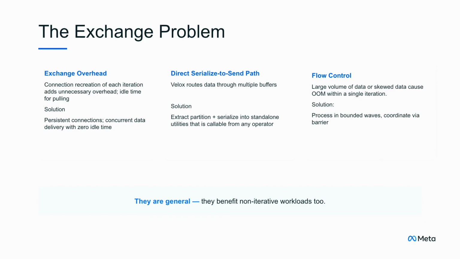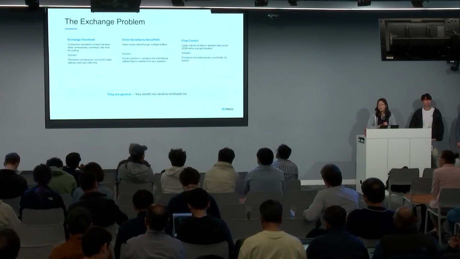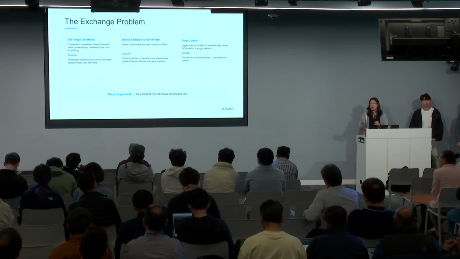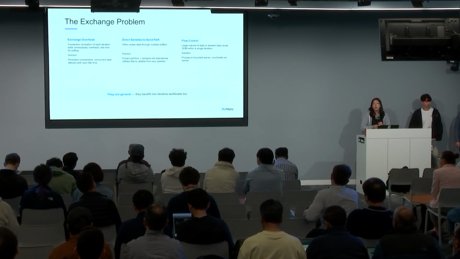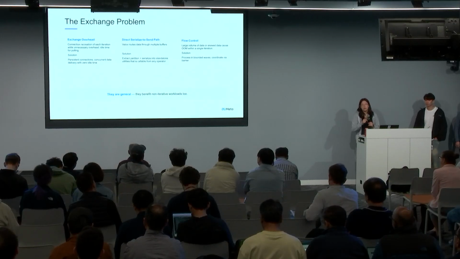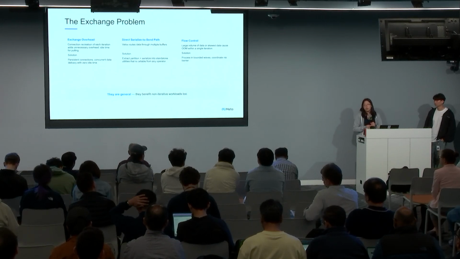What's interesting is that the solutions to those inefficiencies are not complicated. The solutions we can consider are persistent connections, direct serialized send, and bounded flow control. Those solutions are all well understood techniques.